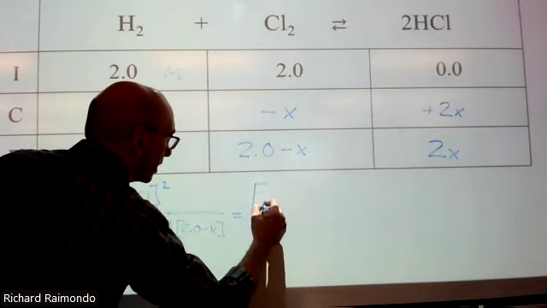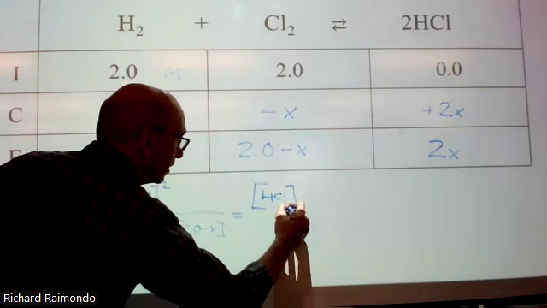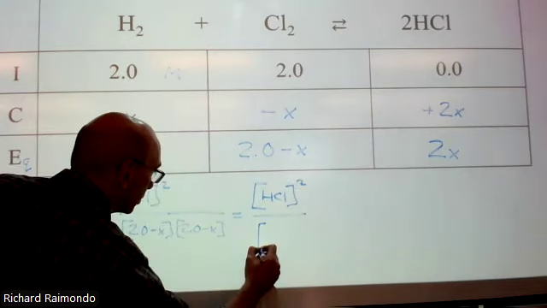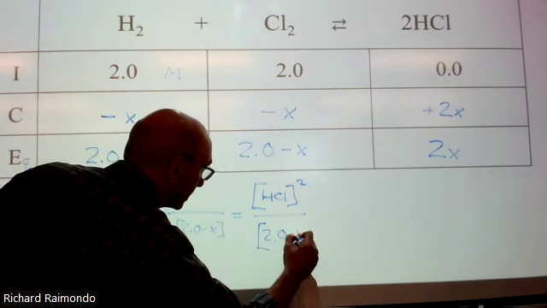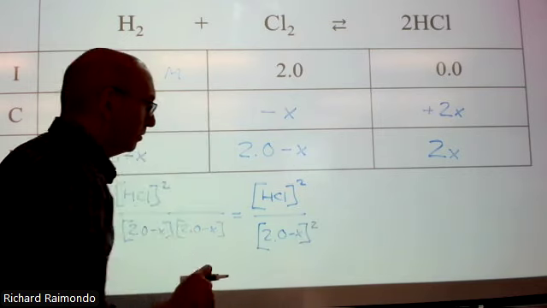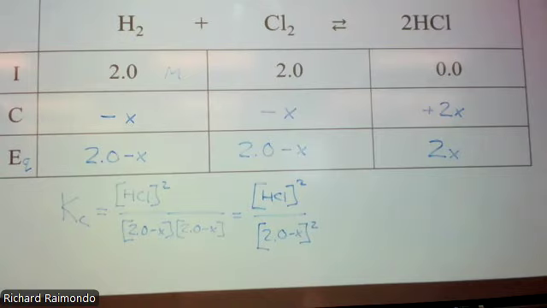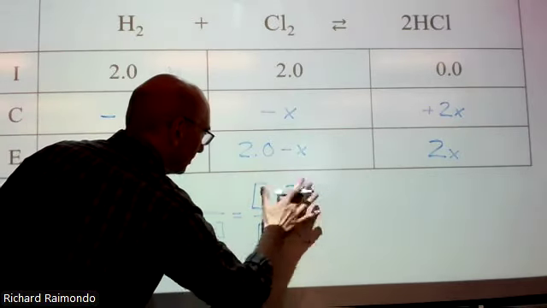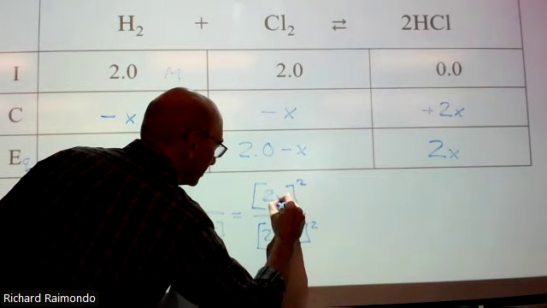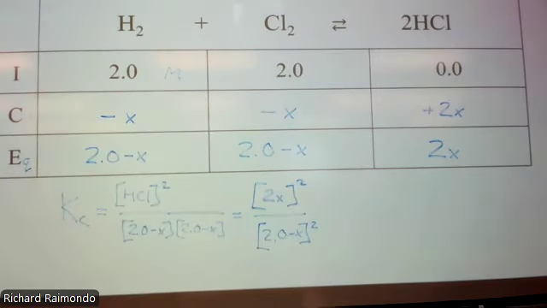So what we're really saying is concentration of HCl squared over the concentration of 2.0 minus X squared. Oh, wait, that's not HCl. That's 2X. Not 2X squared, but 2X parentheses squared.